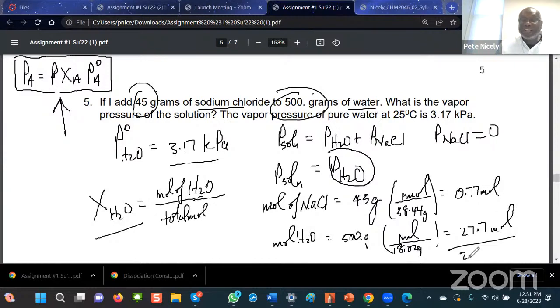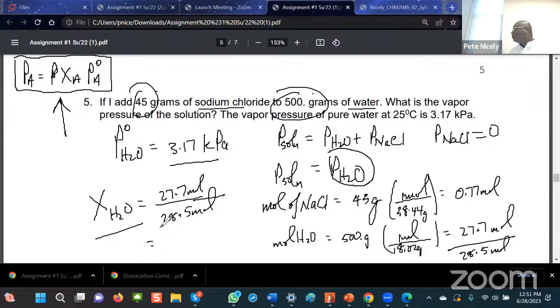So I'm going to put 28.5 moles here. Okay, so that means that to calculate the mole fraction, we need the moles of water and the total moles of everything in the mixture. So the moles of water we calculated to be equal to 27.7. And the moles of everything would be 28.5 moles.